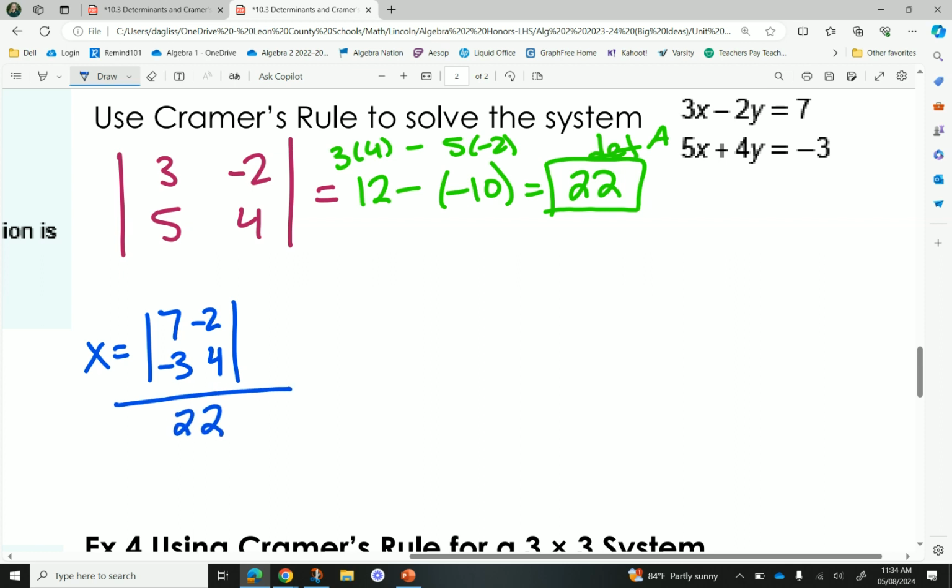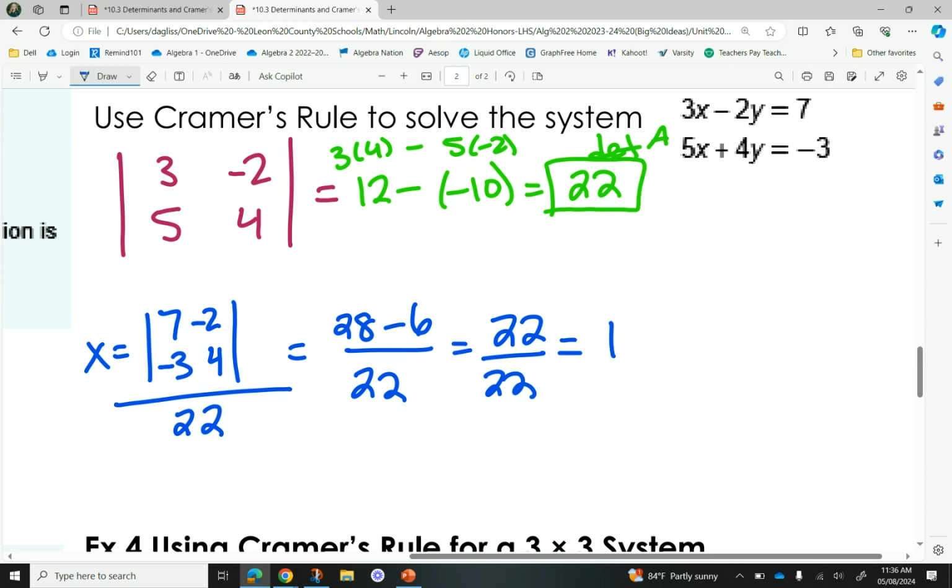So if you're looking for x, that column gets replaced by my constants. So we need a determinant for the 7, -2, -3, and 4. So we're going to multiply 7 times 4 to get 28. -3 times -2 is +6. So 22 over 22 gives us a 1. So we have an x value of 1.